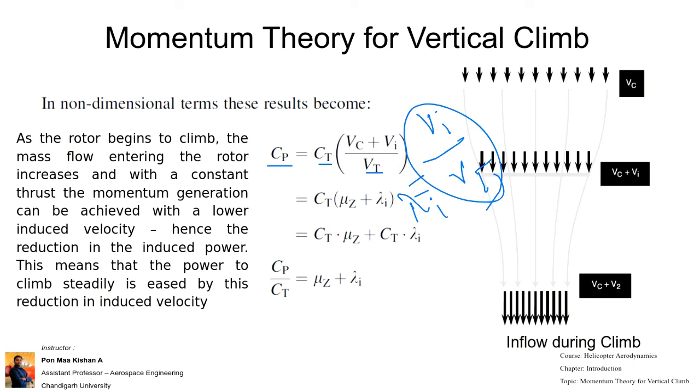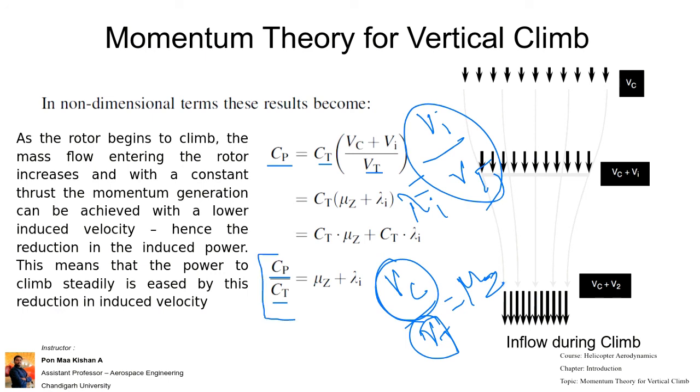Here we are introducing another term, Vc by tip speed, which is given as mu z, the coefficient of climb velocity, taken with respect to the tip speed. So the final equation will be Cp by Ct, the power to thrust ratio, given as mu z plus lambda i.